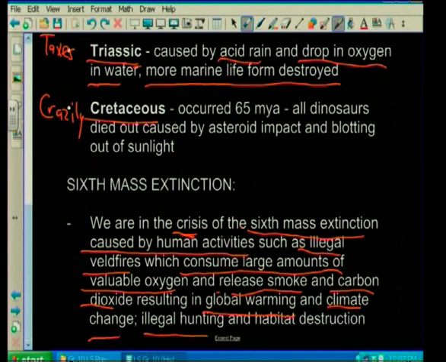Illegal hunting, that is your rhinos, and habitat destruction due to the formation of new infrastructure. We're destroying most of the habitats of organisms that live in an area.